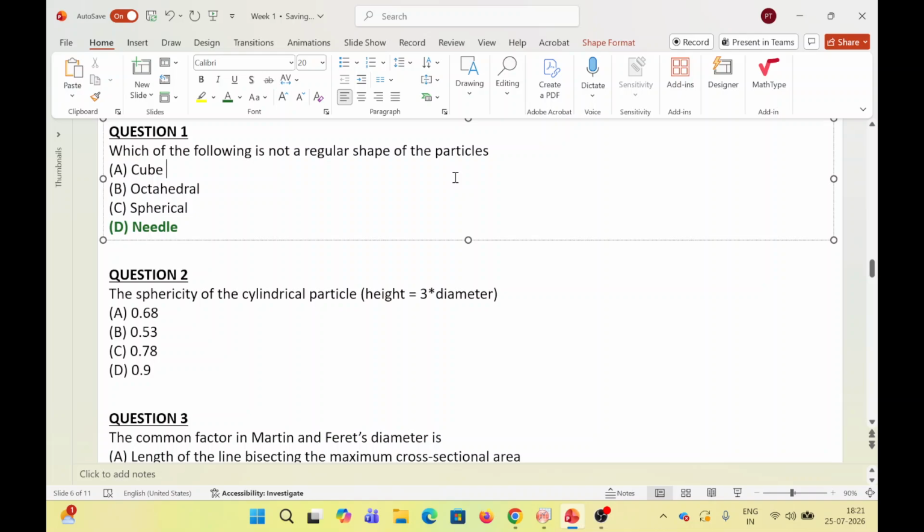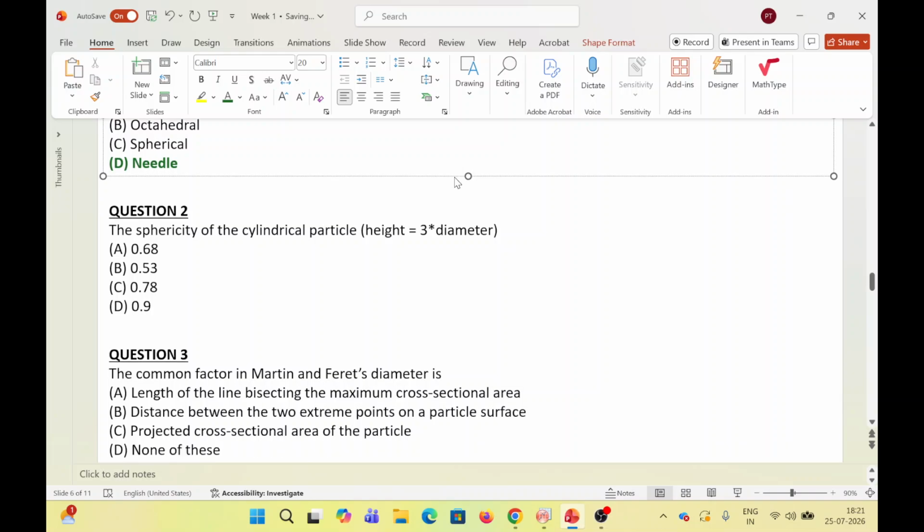So the question is asking which of the following is not a polygon. Cube is a regular polygon. Octahedral is a regular polygon. Spherical is again a regular shape. Needle is the one that does not have any kind of regular shape. It's an irregular shaped particle. So question 1, answer is D, needle.